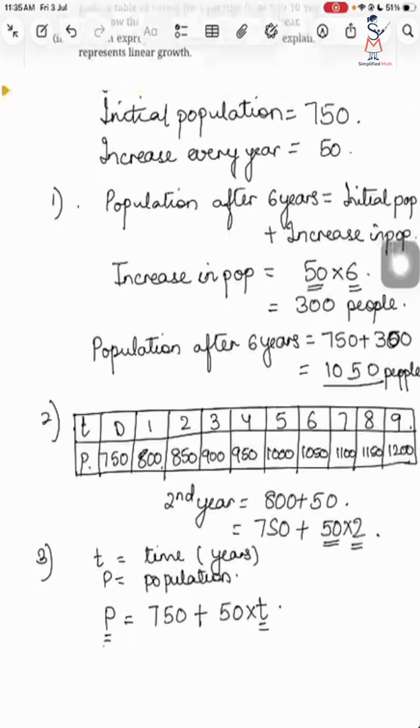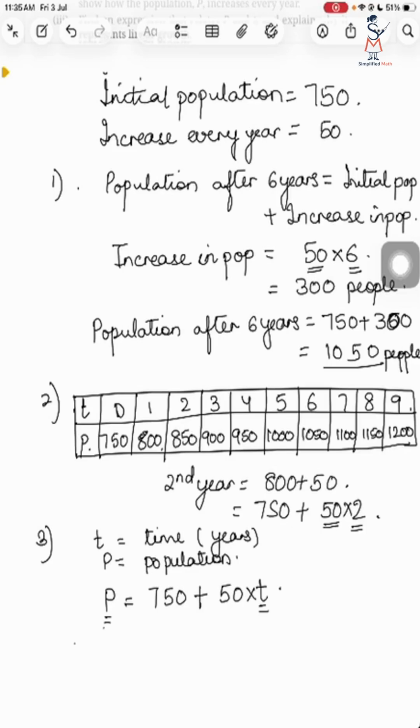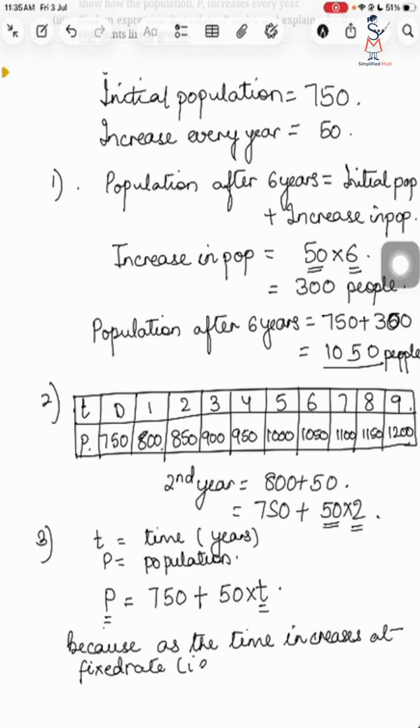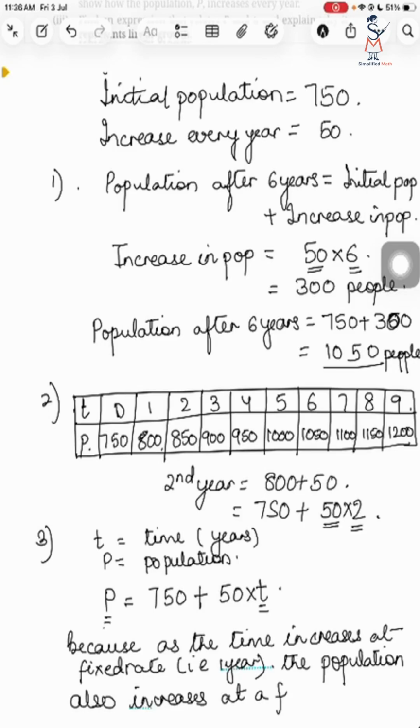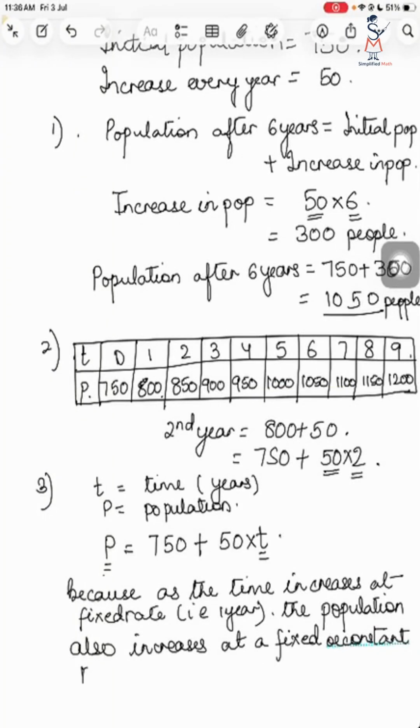Fine. Now, why does it represent a linear growth? It represents a linear growth because as the time increases at a fixed rate, that is 1 year, the population also increases at a fixed or constant amount or rate, whatever.